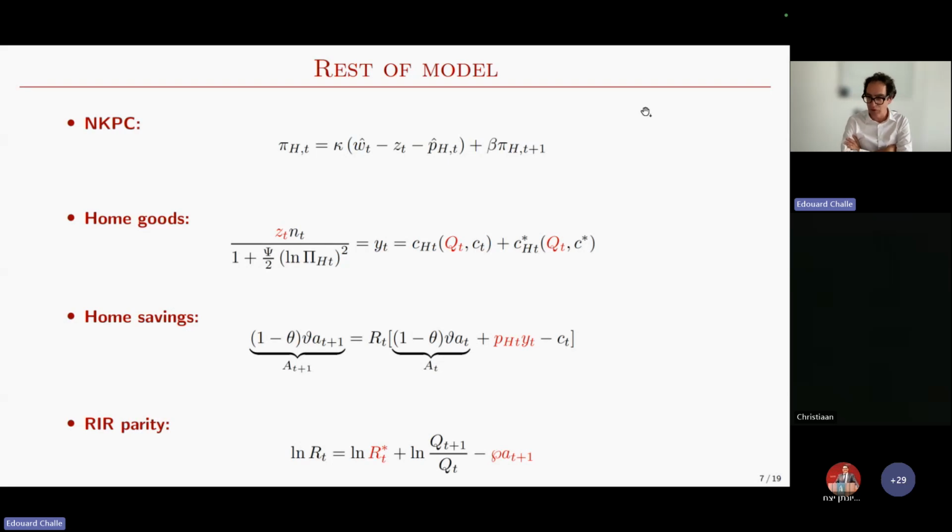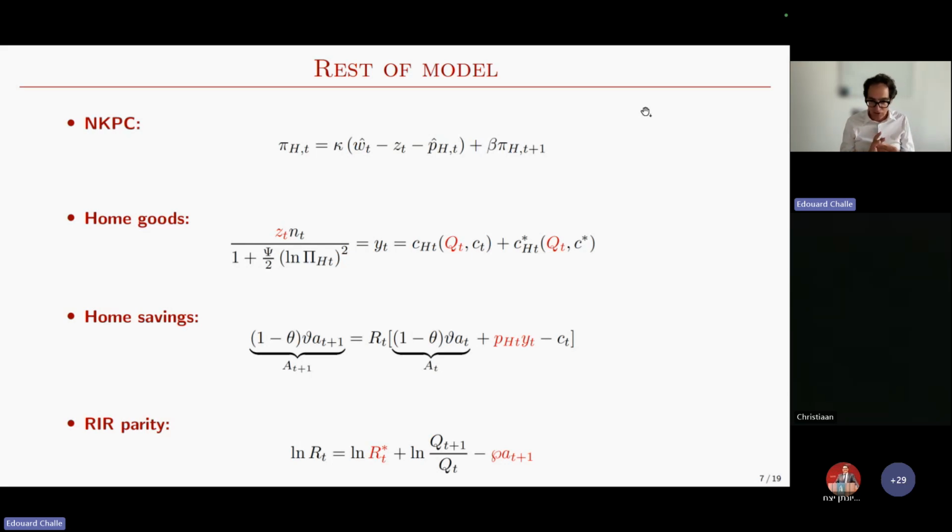So if you move away from zero inflation, where big Pi_H is the inflation factor of the PPI, the producer price index, if it's 1, then this cost is 0. But if you depart from 1, either upwards or downwards, there is a positive cost of inflation that's going to reduce net output.